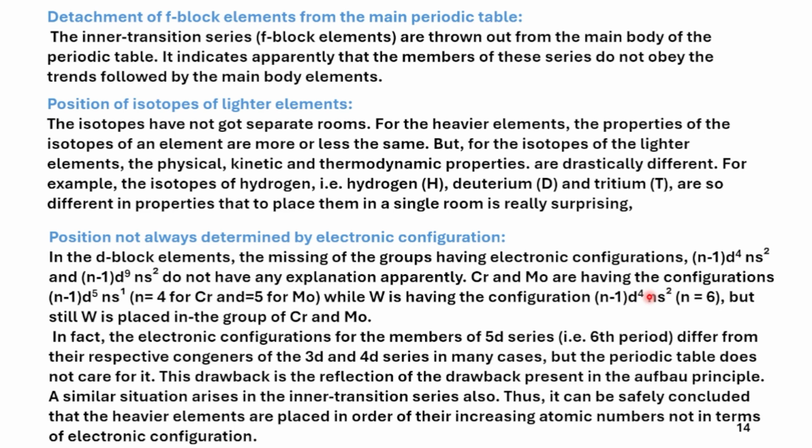So there is some discrepancy in the same group, but still chromium, molybdenum and tungsten are in the same group. In fact, the electronic configurations for the members of the 5D series, that is the 6th period, differ from their respective congeners of the 3D and 4D series in many cases.